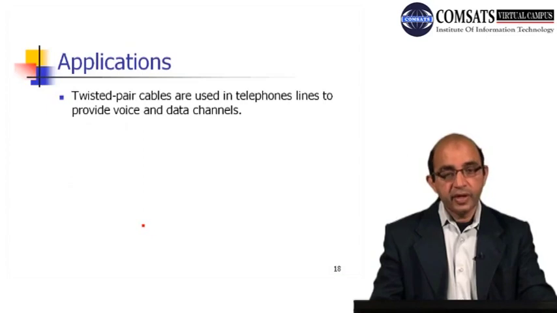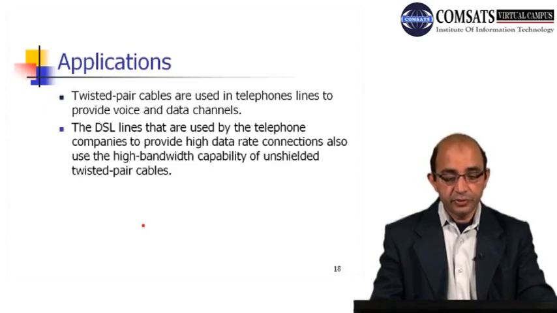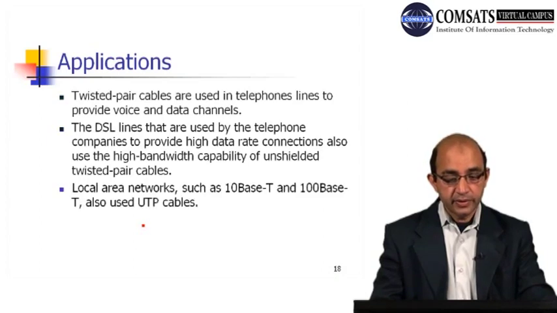Okay, so here we have different applications of twisted pair cable, right? As I have mentioned, twisted pair cables are used in telephone lines, and those telephone lines are being used for voice and data communication, right?